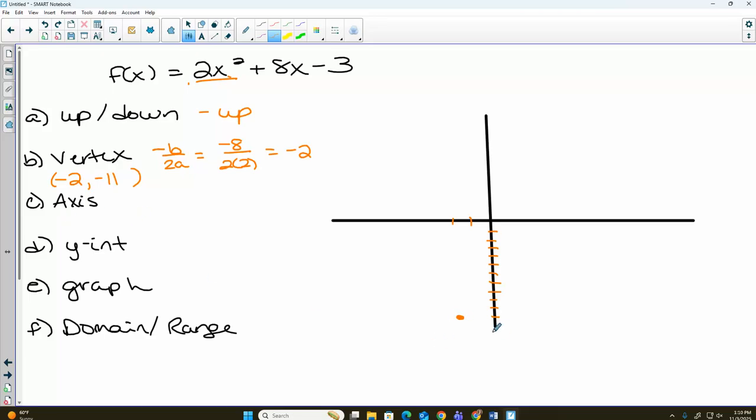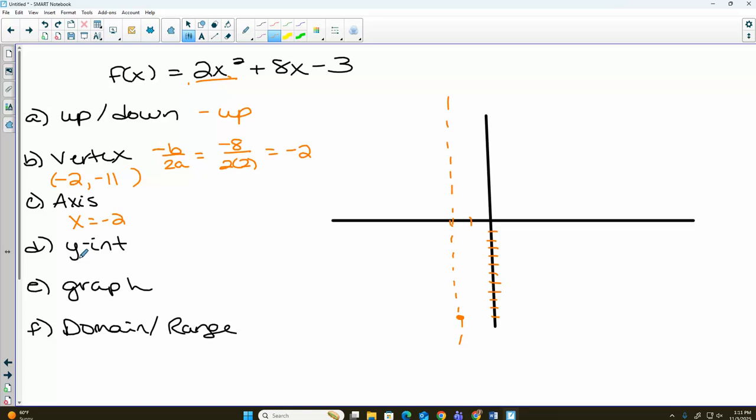Axis of symmetry, it's a line, so you have to give me the equation, x equals, and it's just the x value of the vertex. So x equals negative 2. And that's helpful because we know the graph is the same on both sides of that point. It's just the vertical line that goes through the vertex.